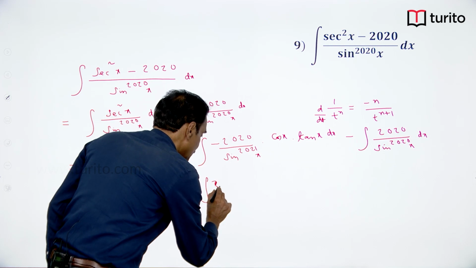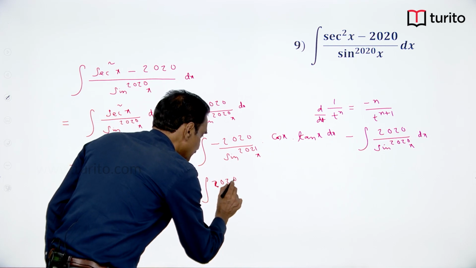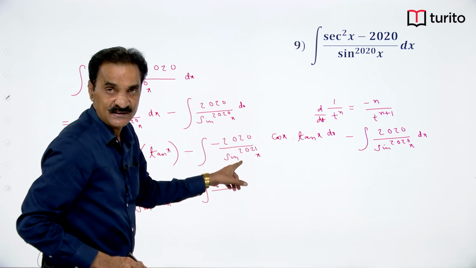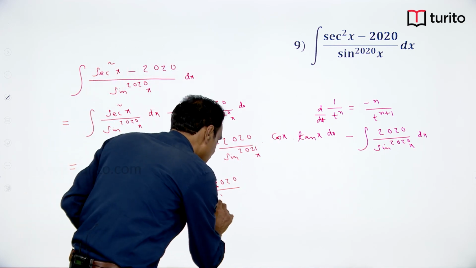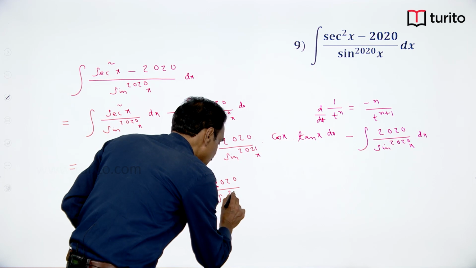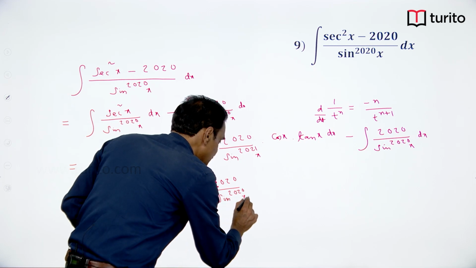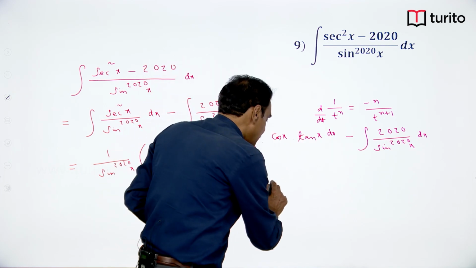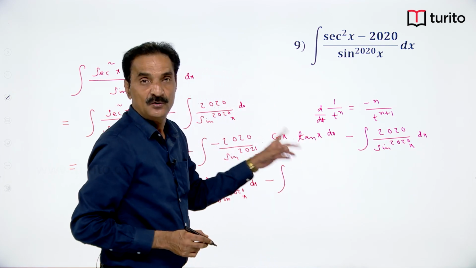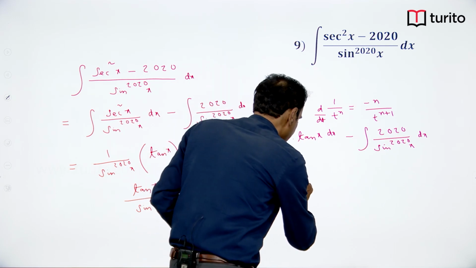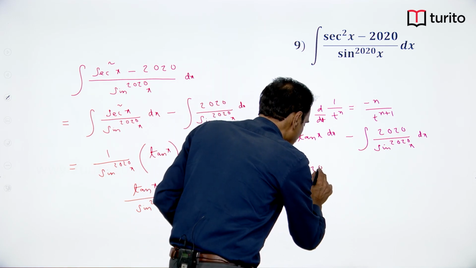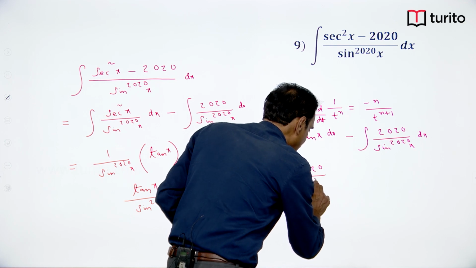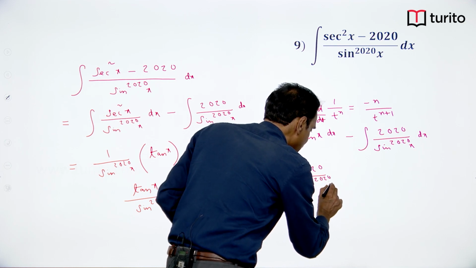integral 2020 by cos x is cancelled and 1 sin x is cancelled. So, it becomes sin power 2020 x dx, and the last term minus integral 2020 by sin power 2020 x.